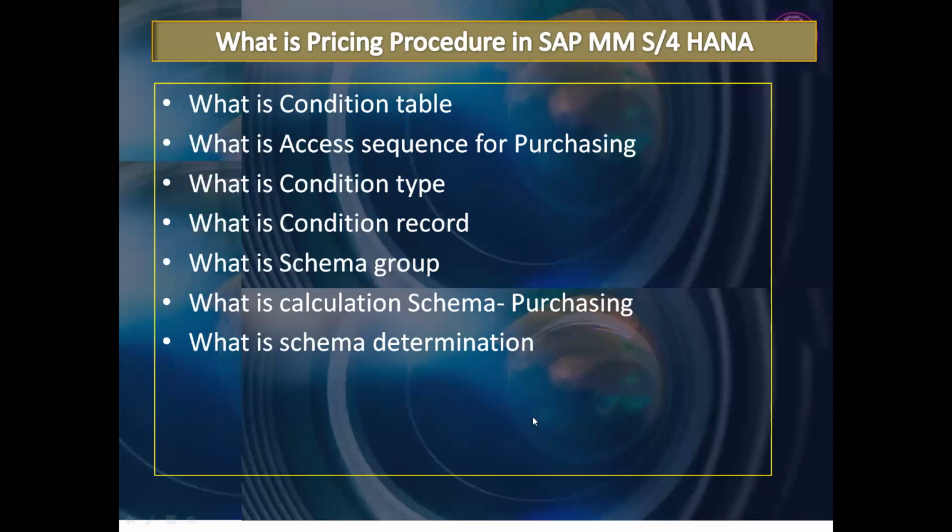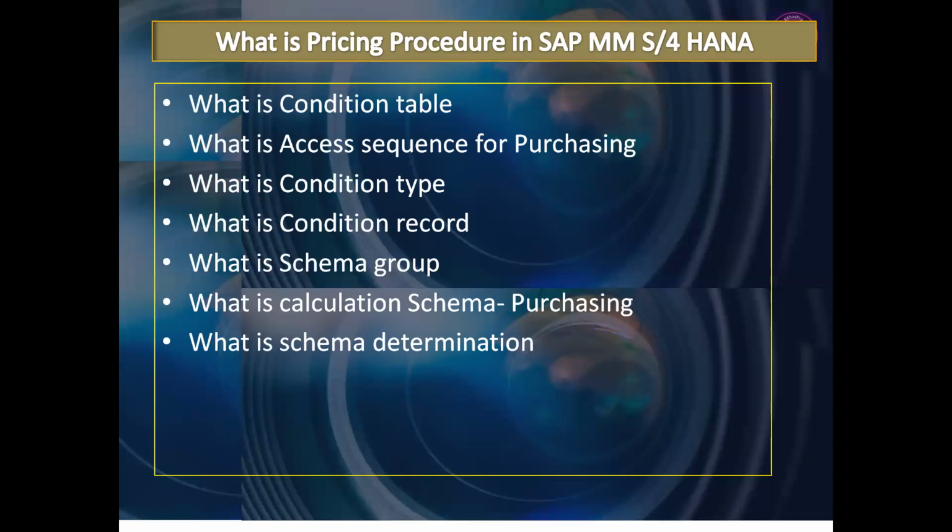Now coming to the schema determination. What are we doing in this schema determination? Basically, in schema determination, we maintain the pricing procedure which we create for the purchasing document. We maintain the calculation schema combination for each vendor.